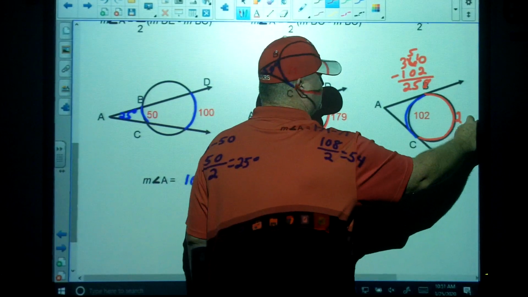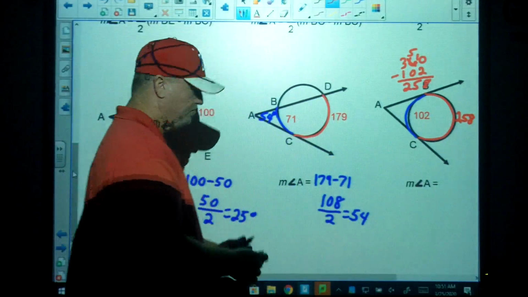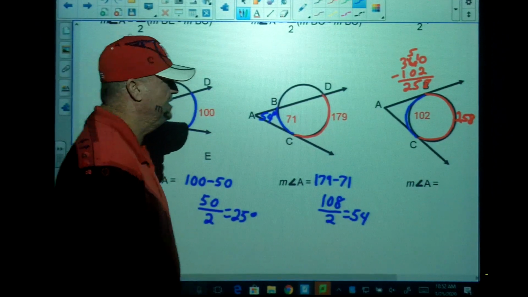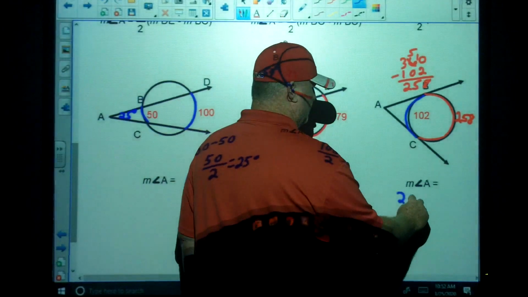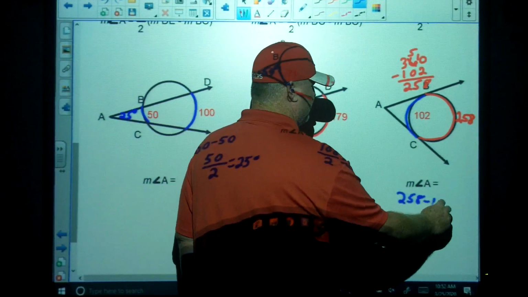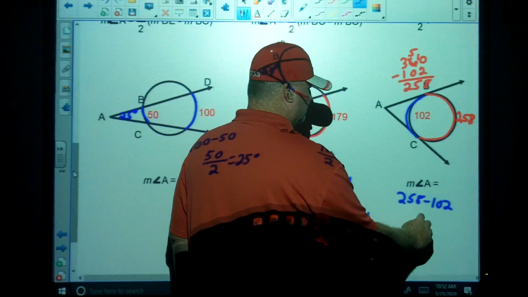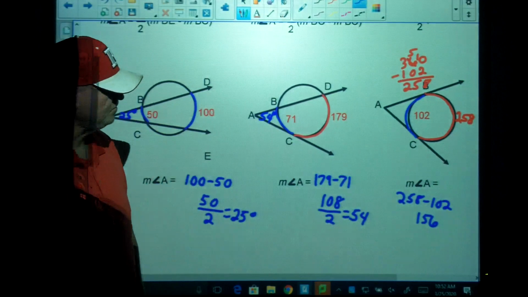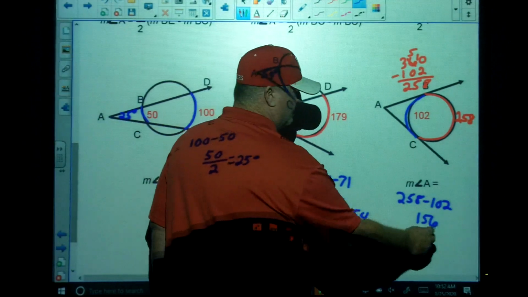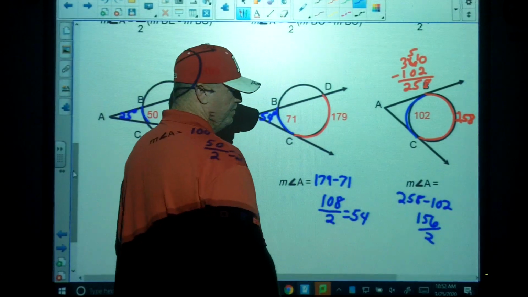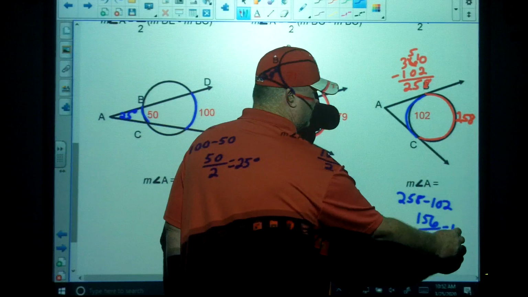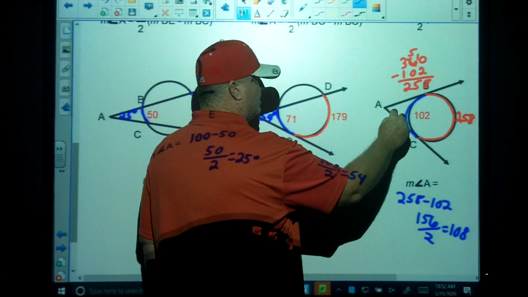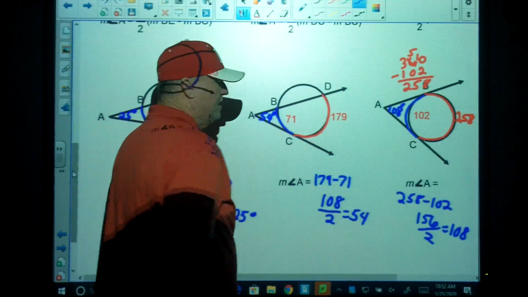So this is going to be 258. Now, once we figure out what that intercepted arc is, we subtract them. So 258 minus 102, which gives me 156. And then we divide that by 2 to get 78. So this angle here is 78 degrees.